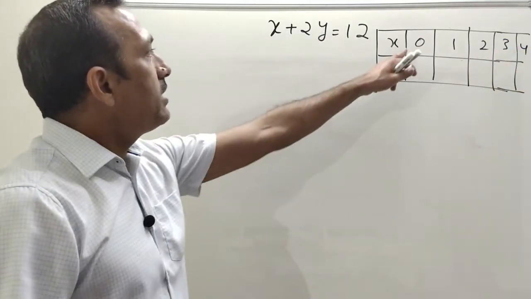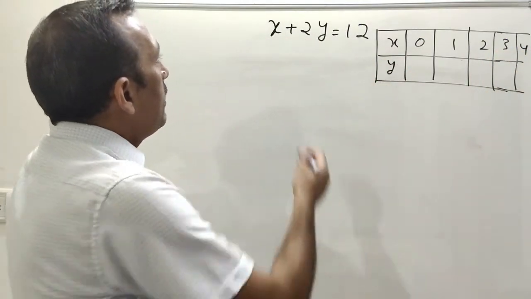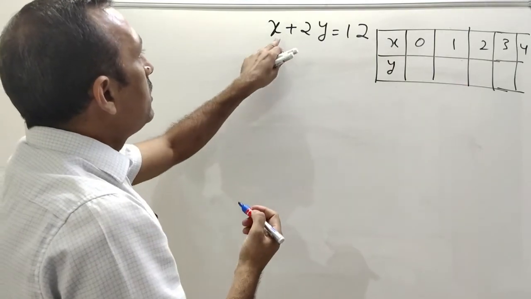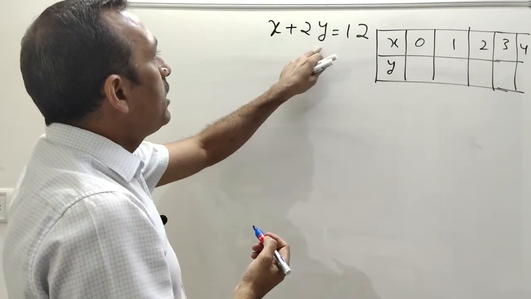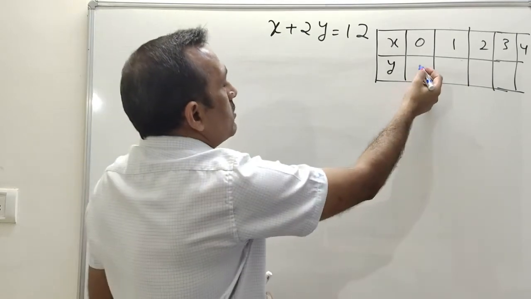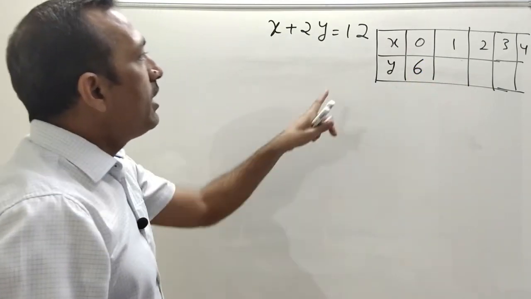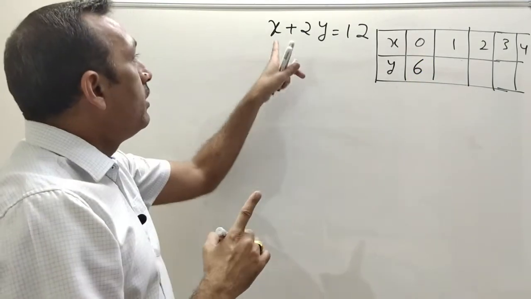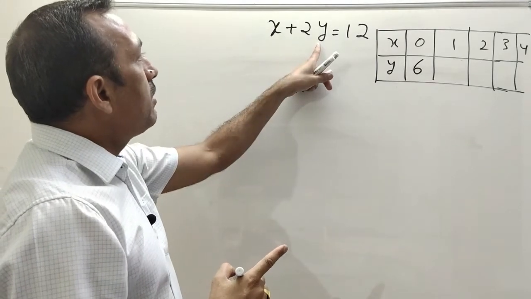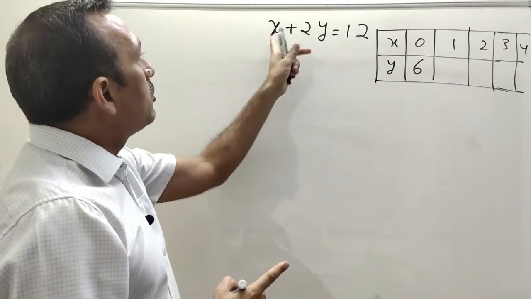So when x equal to 0, what is the value of y? Then 2y equal to 12, so y equal to 6. When the value of x is 1, that means y equal to 11, because this will go other side.